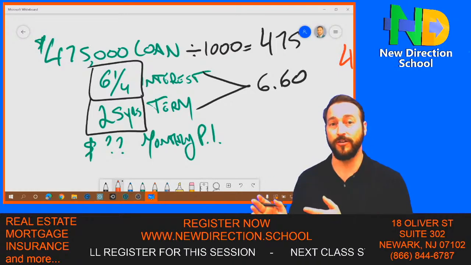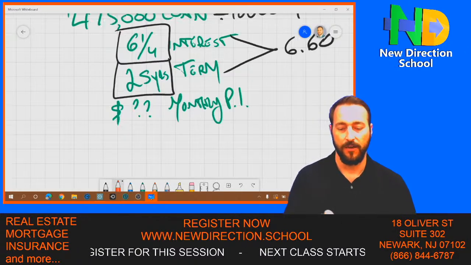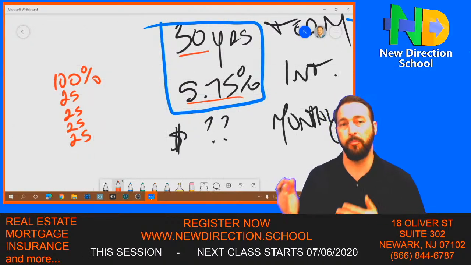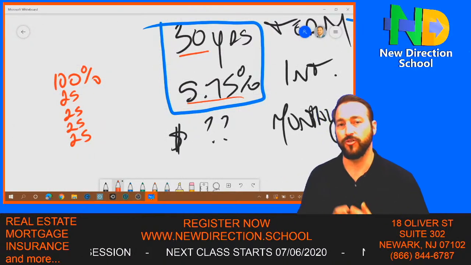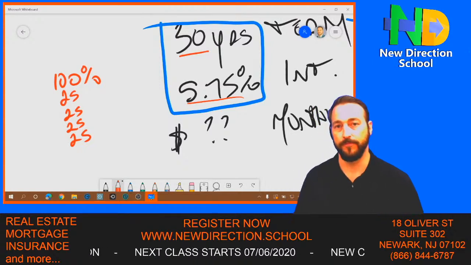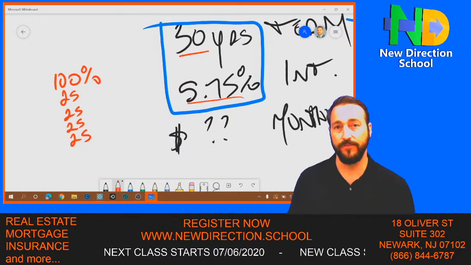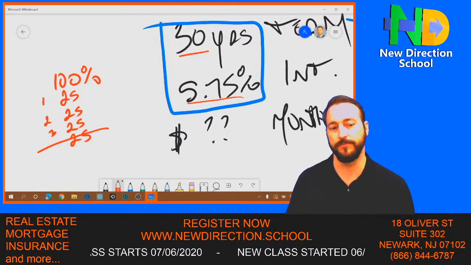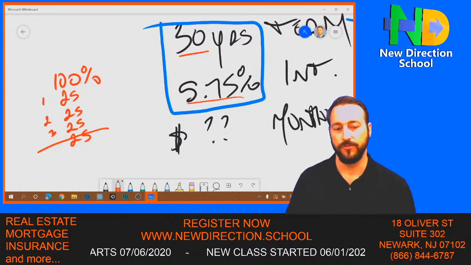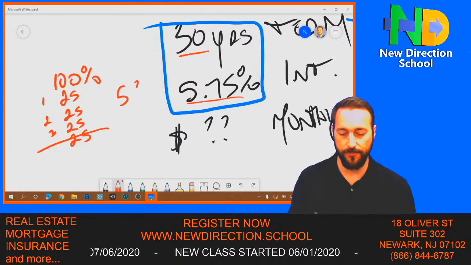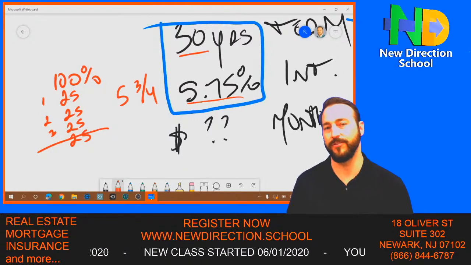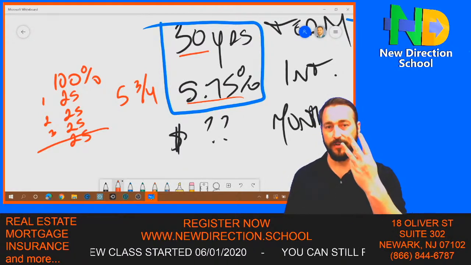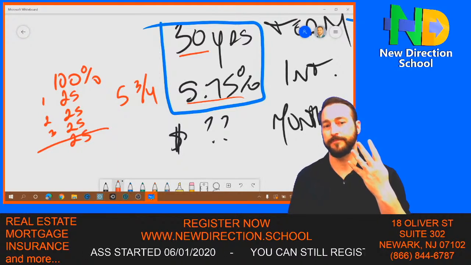So when you look at the chart, it's easy to identify, right? What I did now, you see how I'm always giving you variables? In this one, I put 5.75. There's 4 25s in 100, right? So if it's 75, right? There's 1, 2, 3, but we don't have the 4th one. You got it? So this is the same as 5 3/4. You got it? Because you have 3 out of the 4 quarters that make 100%.